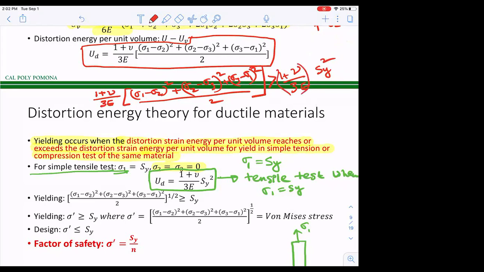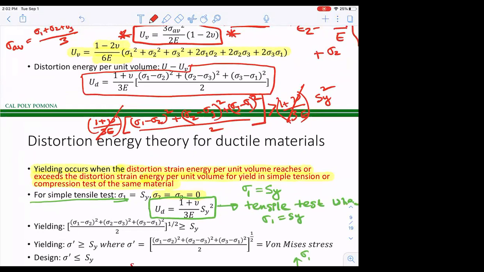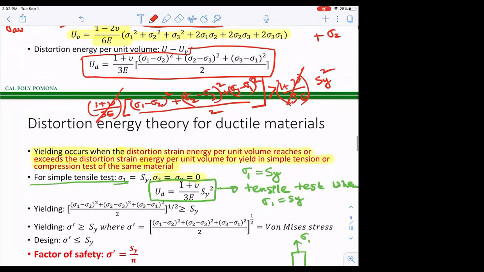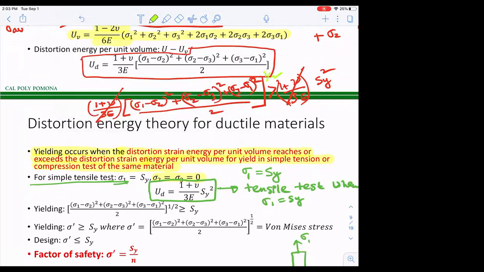Now this (1 plus mu) over 3E cancels on both sides. If you take the square root on both sides, I end up having a half here, and the square disappears. So yielding happens when this quantity is greater than or equal to your yield strength.